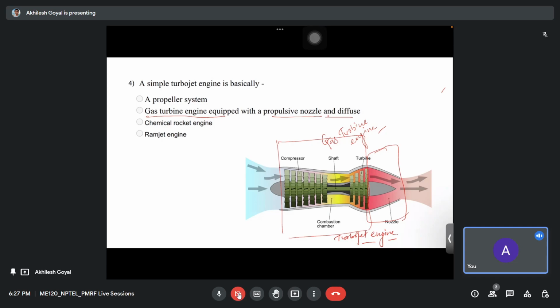So this is the correct option: a turbojet engine is basically a gas turbine engine that is equipped with the nozzle. The nozzle works as a propulsive device. So the right answer is option B for question number 4.